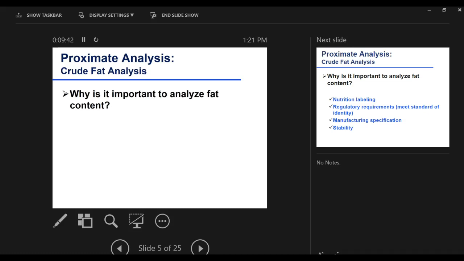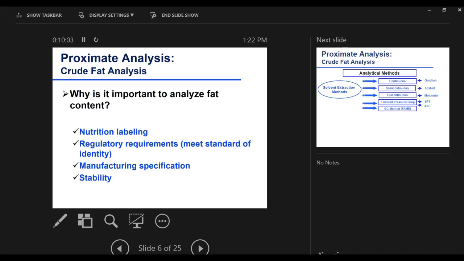Some products have standard of identity like cheese or milk, for example, so you have to have a certain percentage of fat. Then some products don't necessarily have standard of identity, but you have certain manufacturer specifications. Yeah, I think we addressed all of that.